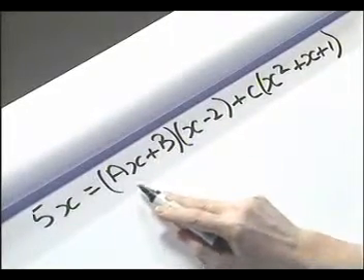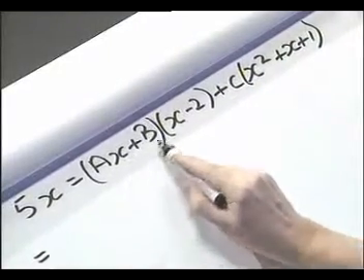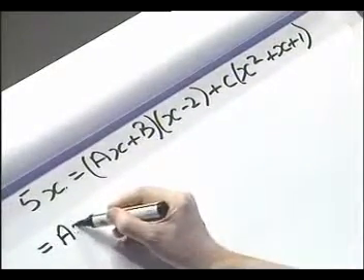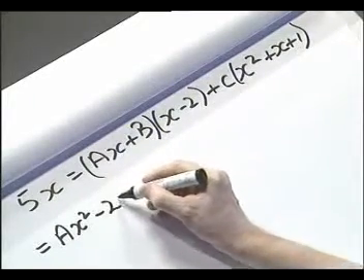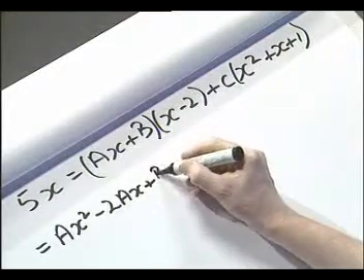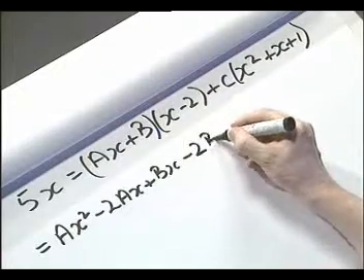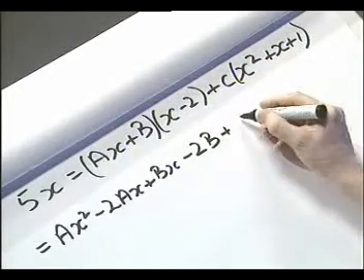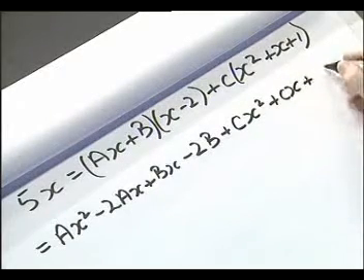In order to equate coefficients, I'm going to have to multiply this out. Ax times x is ax squared. Ax times minus 2 is minus 2ax. B times x is bx. B times minus 2 gives us minus 2b, plus cx squared plus cx plus c.